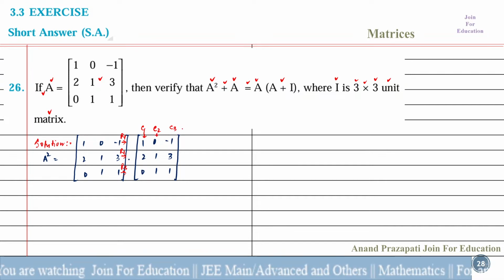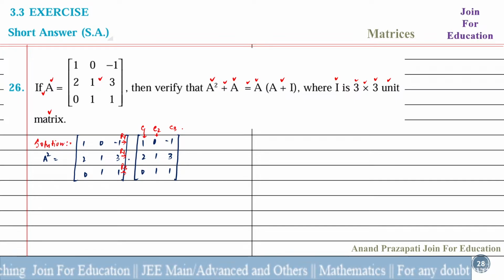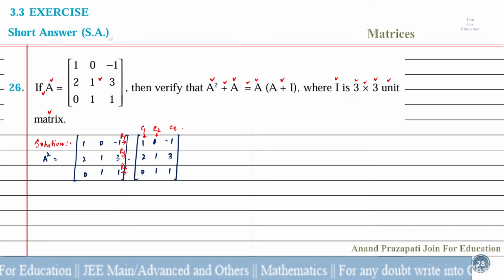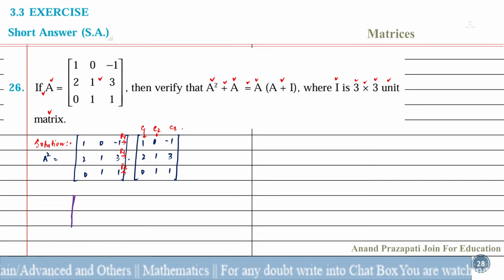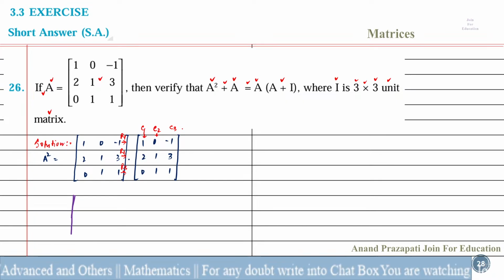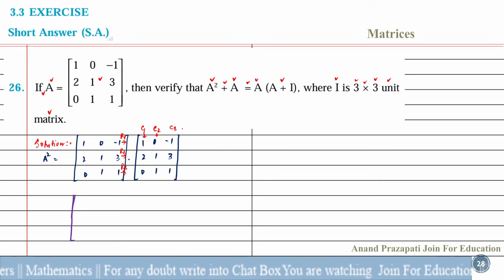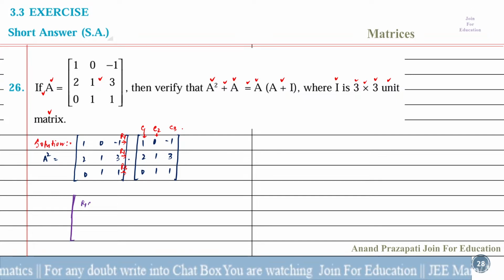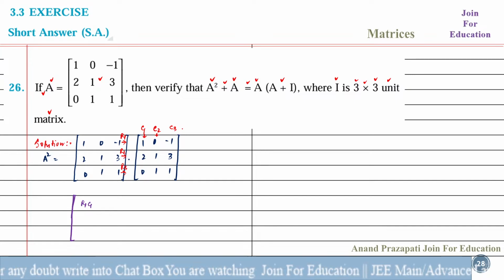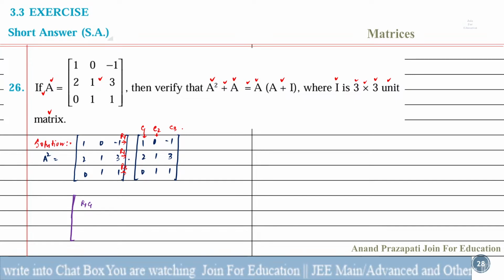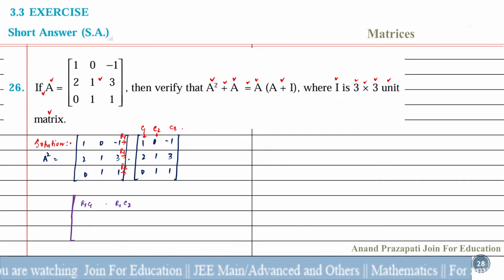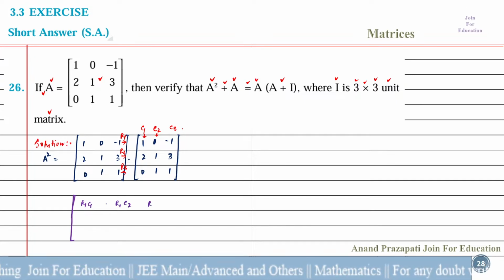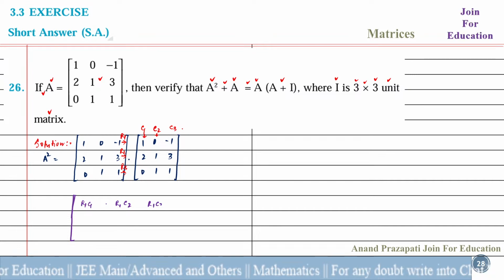So the multiplication of this one will be R1 into C1, R1 into C2 and R1 into C3.